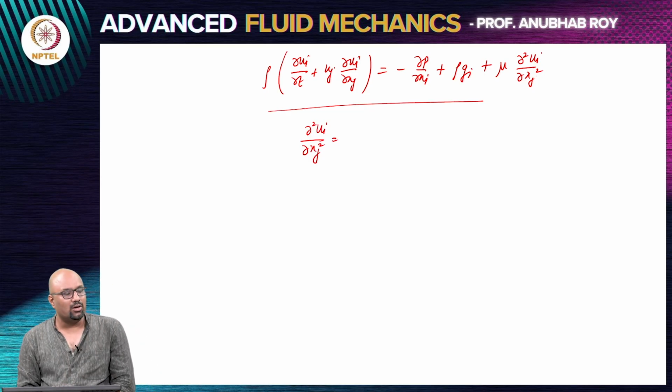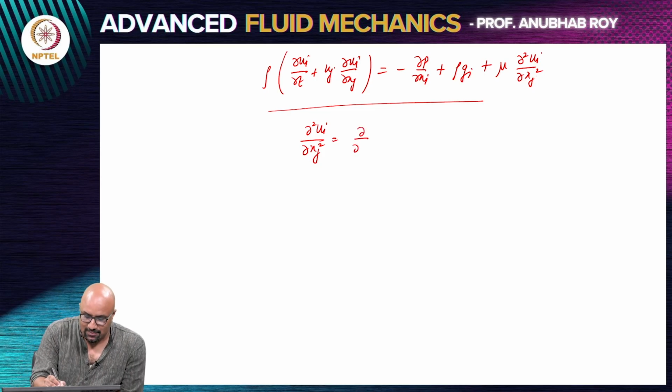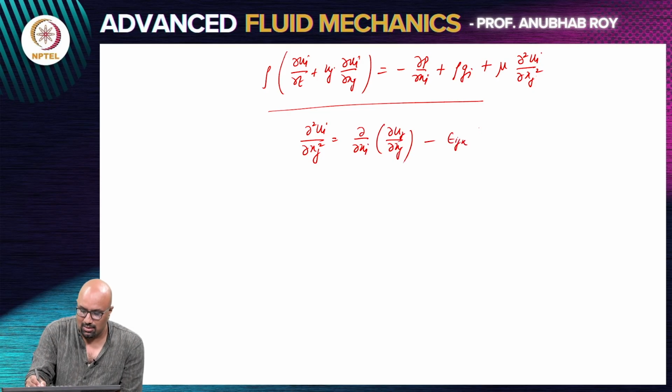If you go back to your exercise problems from tensor, the Laplacian of a vector field can be written as the gradient of the divergence minus the curl of a curl.